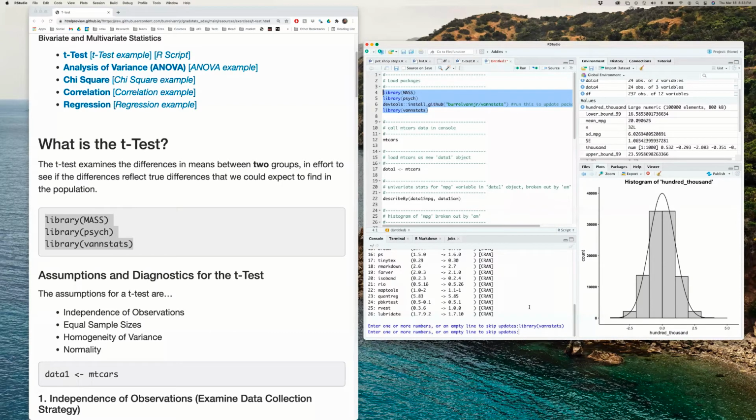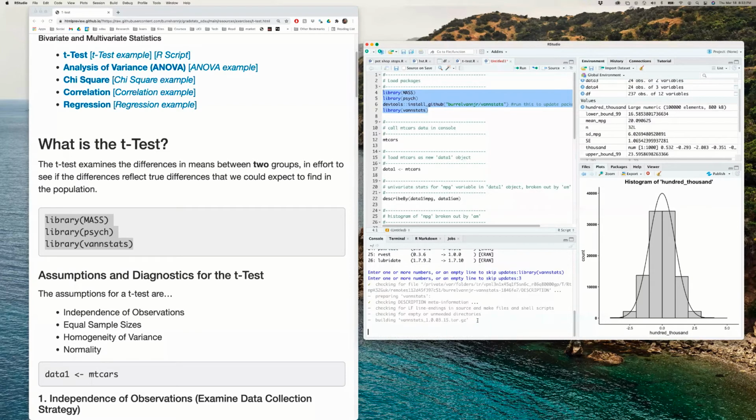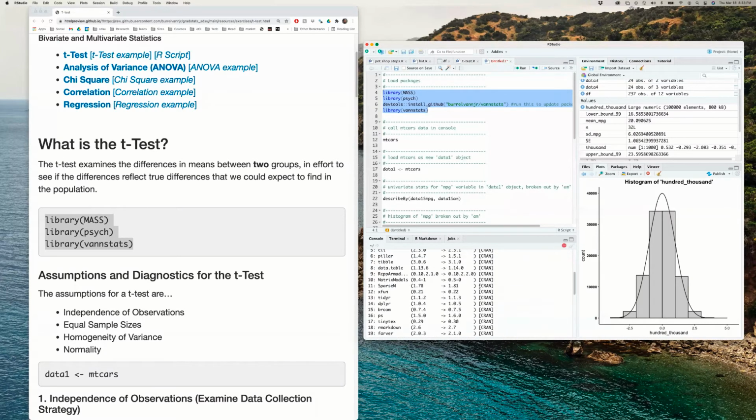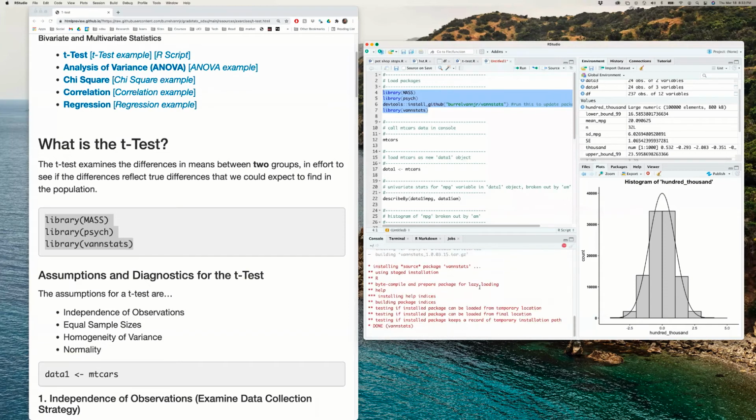Cool. For all of you, I know we've had some problems with downloading the R VanStats package. So if you don't want to run that line of code, you can just put a hashtag in front of it. It'll green it out, and then it'll just load the version you already have.